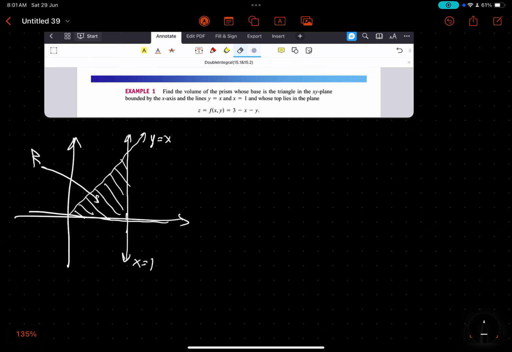And now, since this is basically a region bounded by two functions, y equals x and x equals 1, we can do something like we did before. So we can use a double integral of f of x, y, and then we start with dx dy like this.